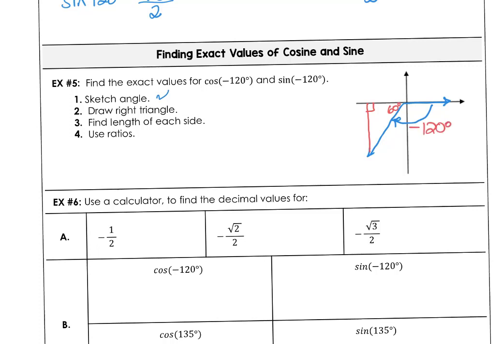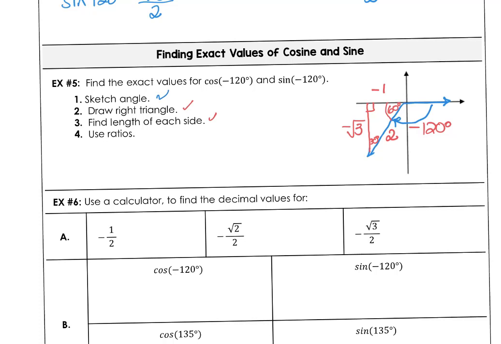To get back to the x-axis, that's called our reference angle. The length opposite 60 degrees is negative square root of 3. The length opposite the 30 degrees is -1, and the hypotenuse is 2. So we've drawn the triangle, we found the lengths of each side, and we can use the ratios.